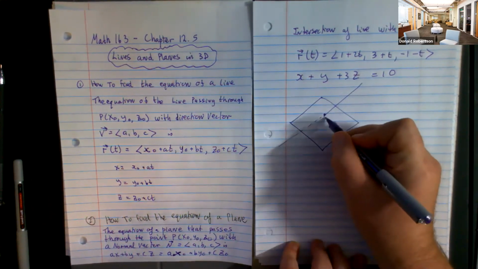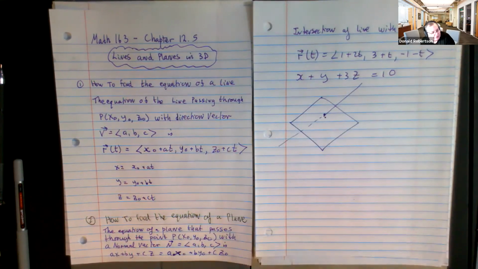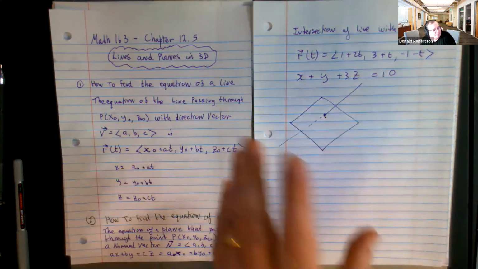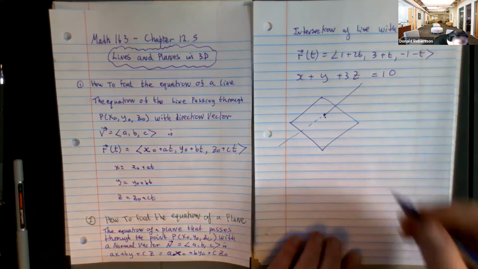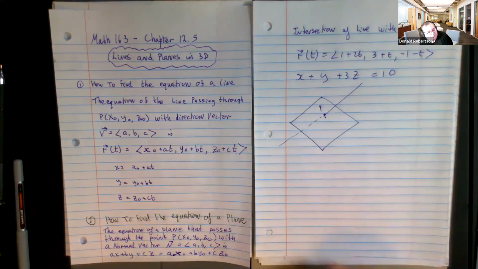Would you agree that they intersect? If they're going to intersect at all, would you agree that they intersect at a point? Wouldn't a line, like a bullet shooting through a piece of paper, make one hole on its straight journey? We would like to find the coordinates of that point of intersection, which I'll call P because I like P.